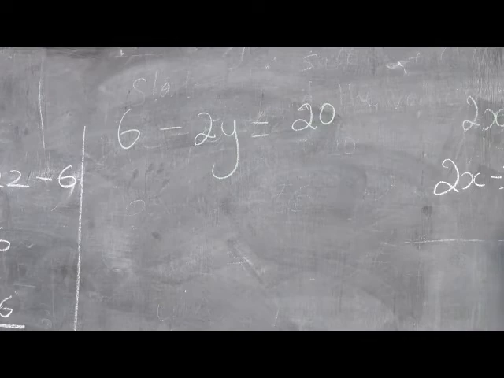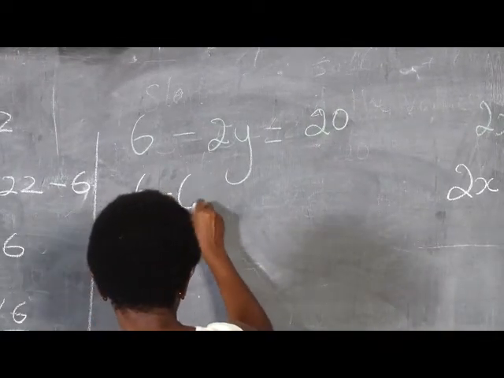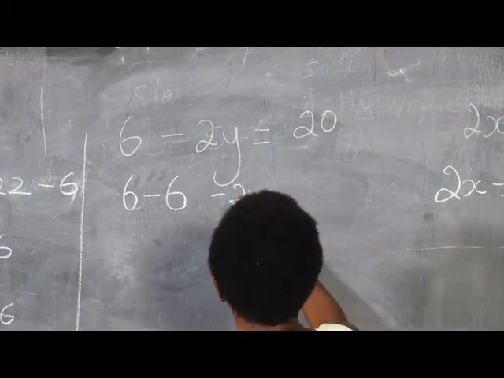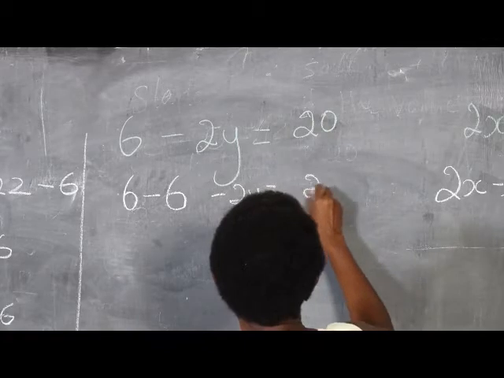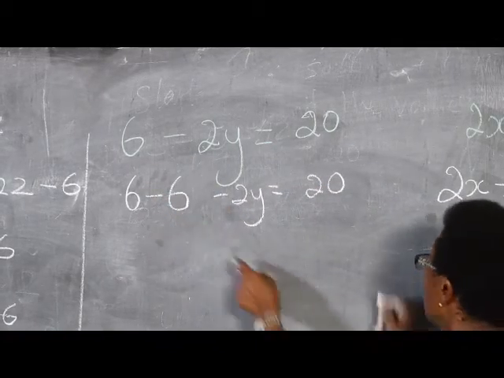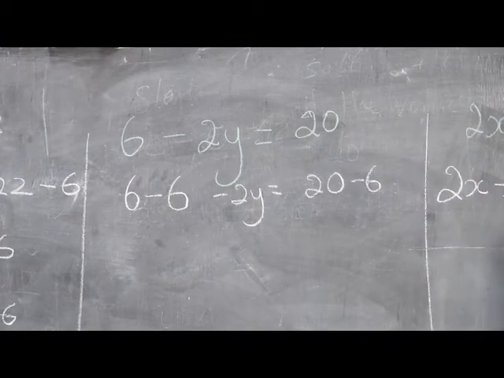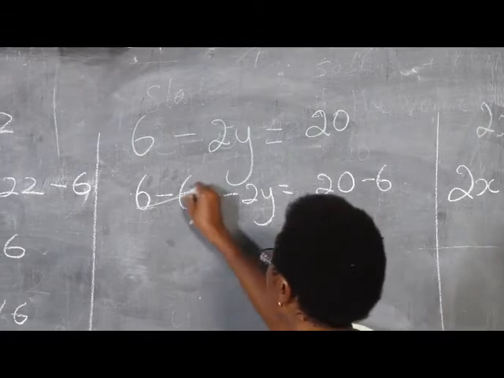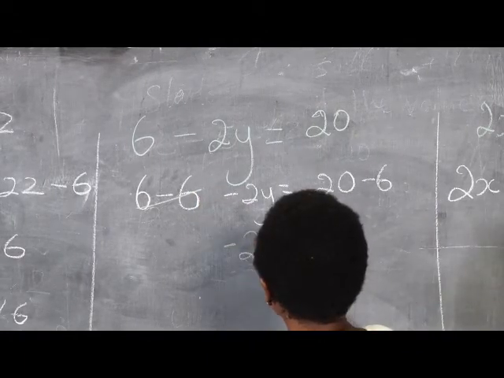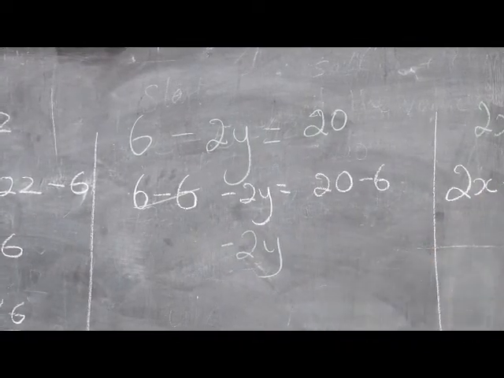Okay? Well done. Excellent. So I've got 6, which I'm going to minus 6. Okay? And then I've got equals to, remember what I've done here? I've taken away 6. So I'm going to do the same thing on that side. Okay? So this goes, what am I left with? I've got minus 2 times the y. Between the minus 2 and the y, it's multiplying.